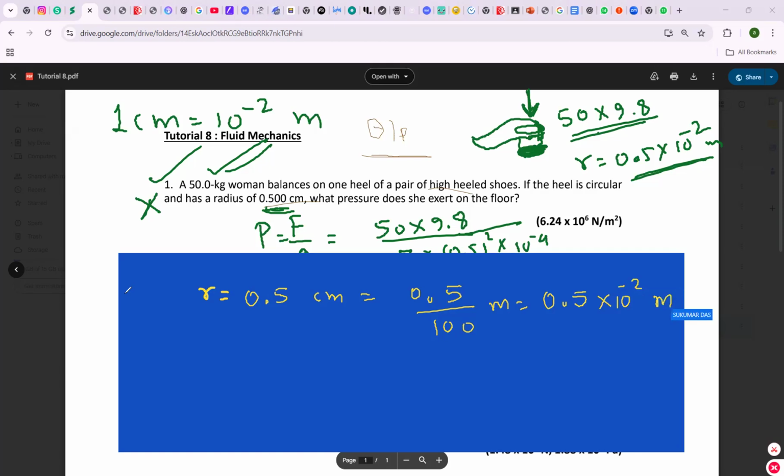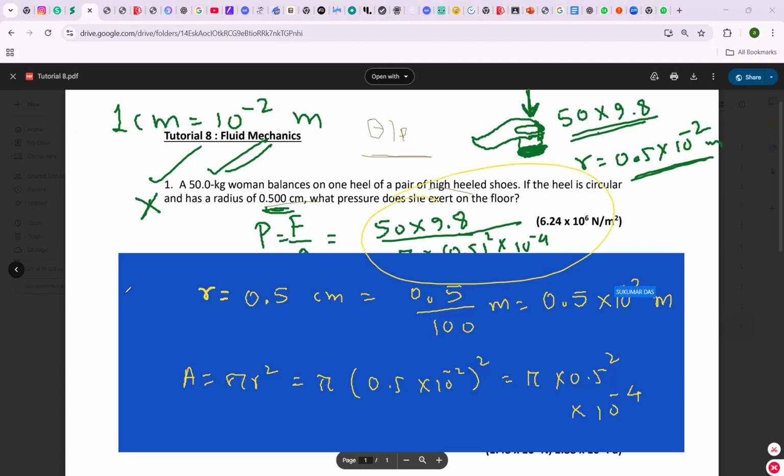That's exactly what we got. Understood? So now area will be pi r square. So pi into 0.5 times 10 to the power minus 2, squared. That will give you pi times 0.5 square times 10 to the power minus 4. So that's why I told you that now we have to calculate this one. Yes, please do it.